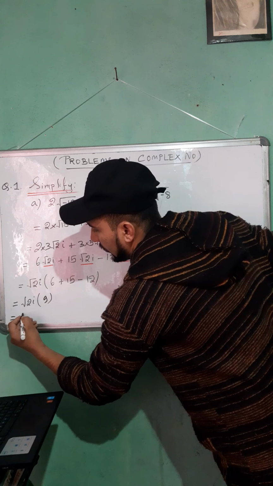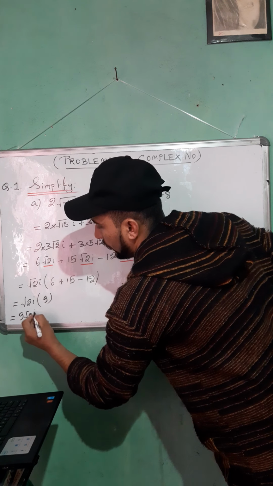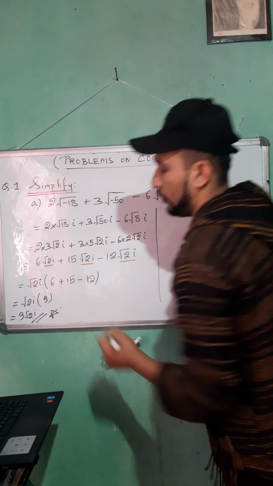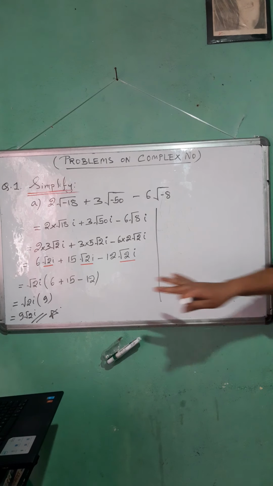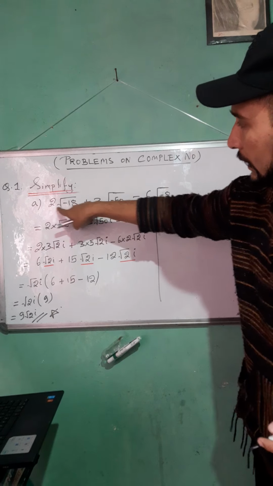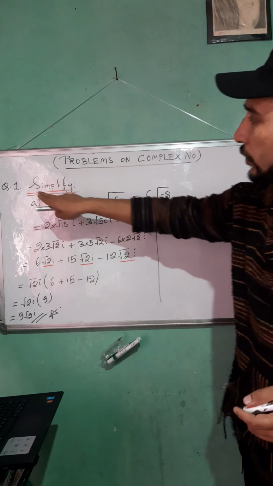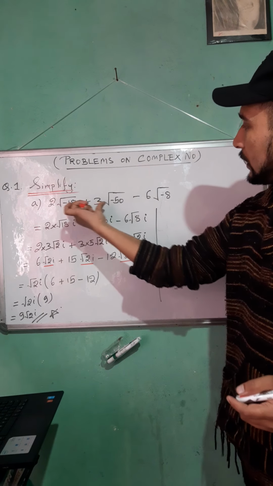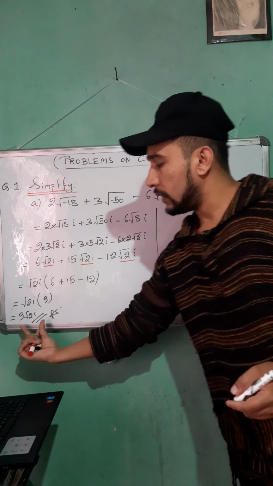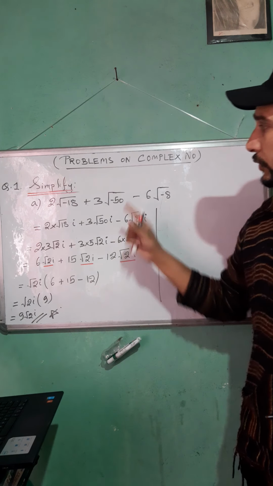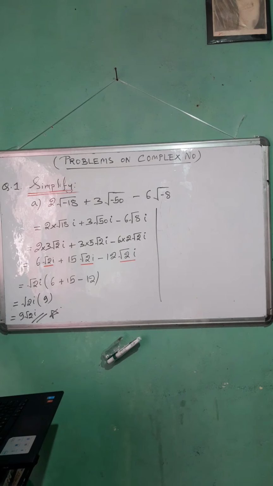So you can write 9 root 2i. This is the answer. 9 root 2i is the simplest form of this expression. Your question was to simplify, isn't it? So from this long equation we got a single value. In this way you have to simplify complex number equations.